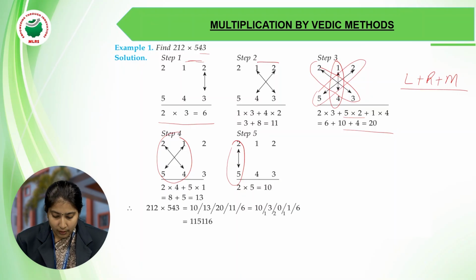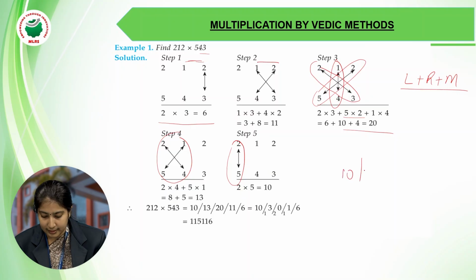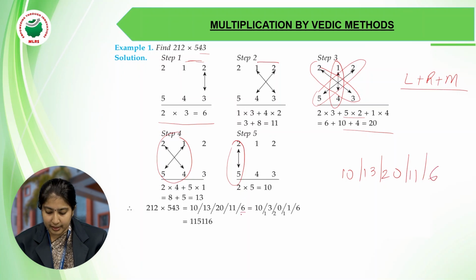So here these all numbers will be written in a reverse order, that is 10 slash 13 slash 20 slash 11 slash 6. Since this number is a single digit number, we have no issues, so it will remain the same. But here 11 is a 2-digit number, so you will place the units digit and let the tens digit be added to the next side of the number, so 1 will be there.